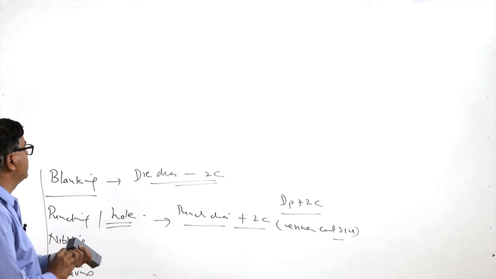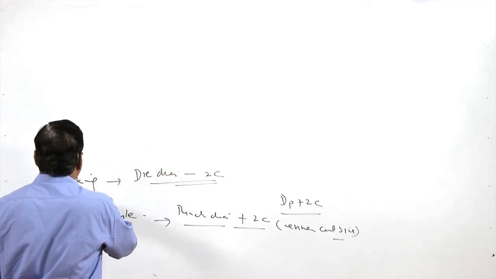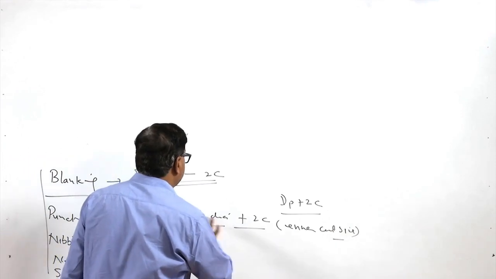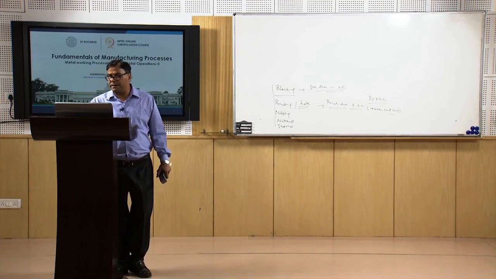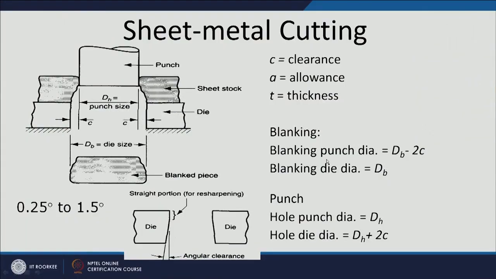So basically the die is made of the larger diameter for blanking, while the suitable clearance is given to the punch. If we see here, for blanking, the blanking die diameter is dB, and the punch diameter for the blanking purpose is made smaller by the 2c value, where c is the clearance, to give the clearance.